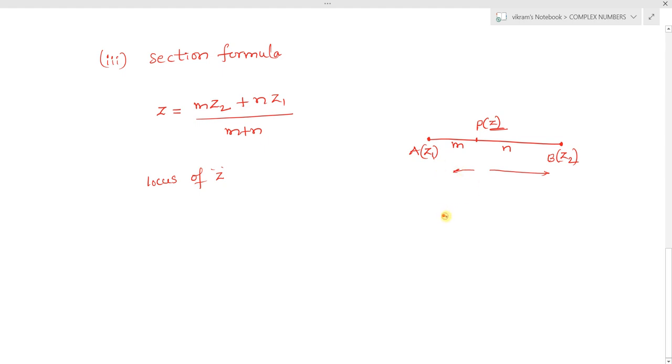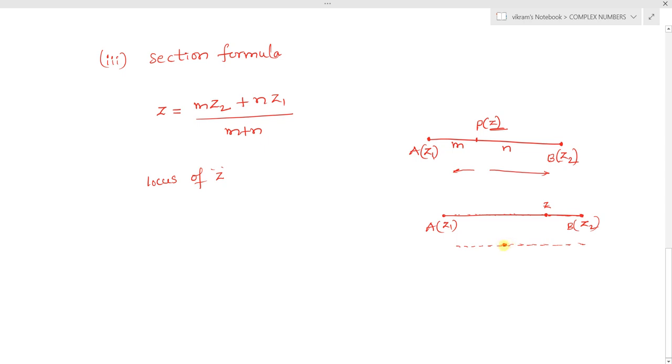For example, I am considering A and B, that means Z1 and Z2. Now the point P is over here. The point P is moving in between Z1 and Z2, that means in between the points A and B. Now what is the movement?